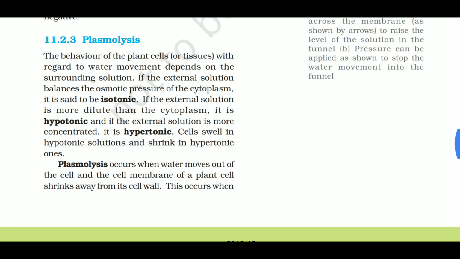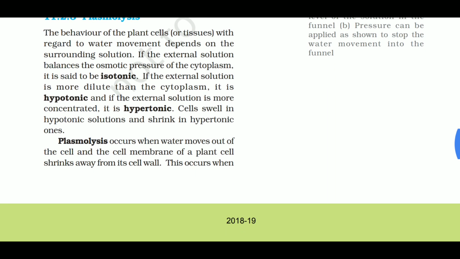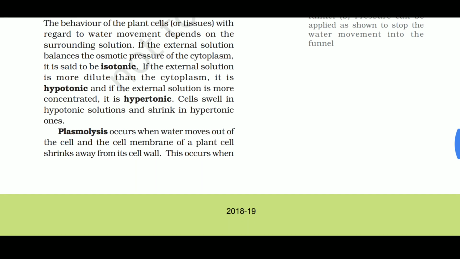Let's see about plasmolysis. What is plasmolysis? The behavior of a plant cell or tissue with regard to water movement depends on the surrounding solution. If the external solution balances the osmotic pressure of the cytoplasm, it is said to be isotonic. If the external solution is more dilute than the cytoplasm, it is hypotonic.